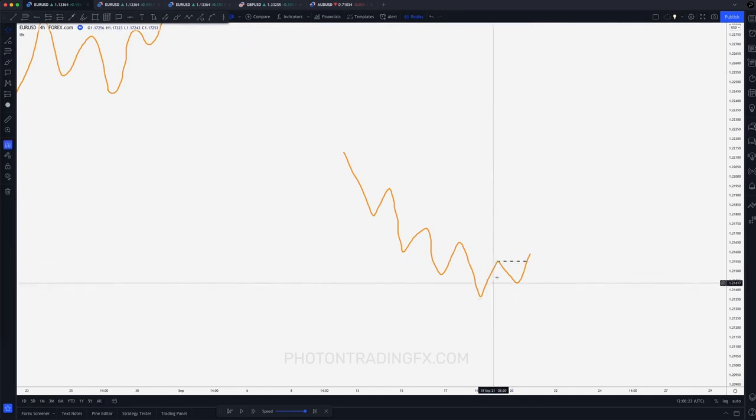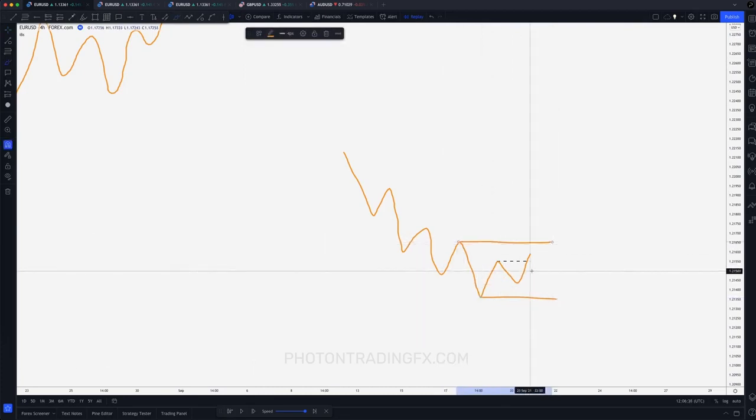It needs to take out the low for it to be a high that I am interested in. Okay, so currently the internal structure is still bearish because this was the last internal break. Okay, so this is the current low and this is the current high. Okay, so price can do anything it wants in here, but at the moment, until this high here goes, the internal structure is still bearish.